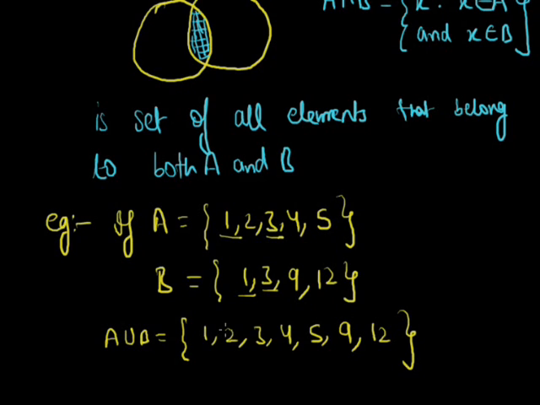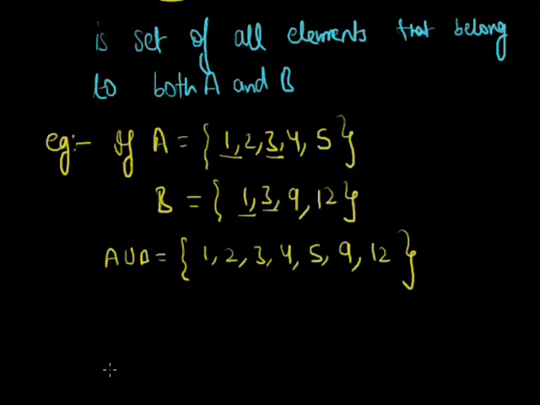These elements we need to take only one time. We will not take the elements two times as they are present in both A and B. This is what we mean by A union B.